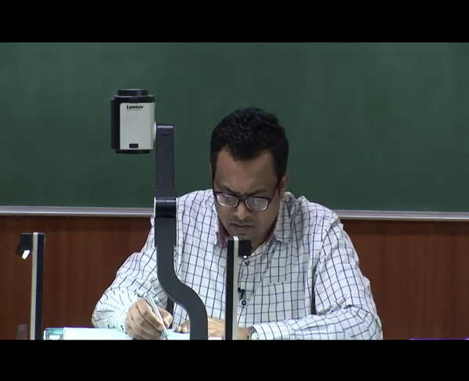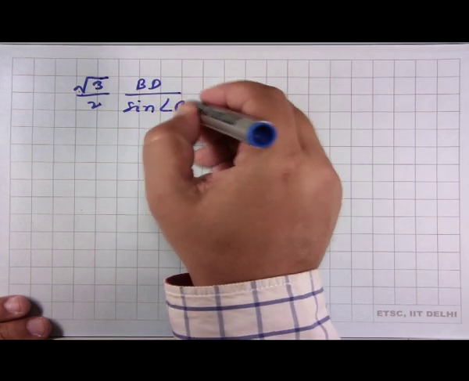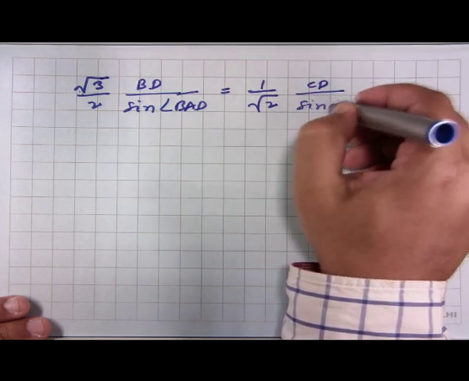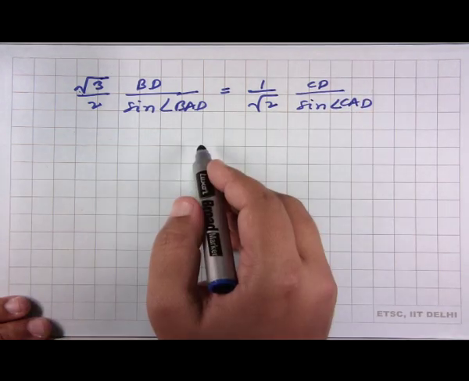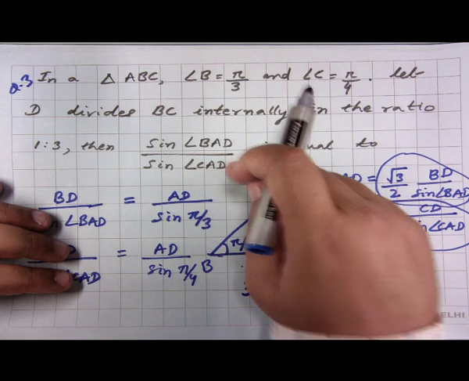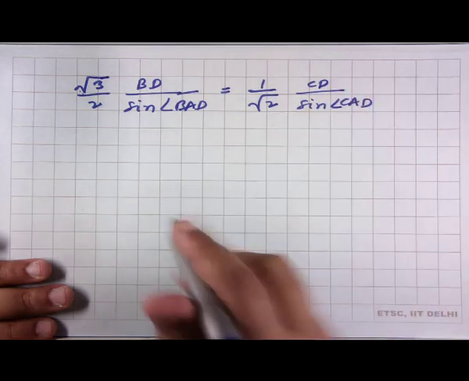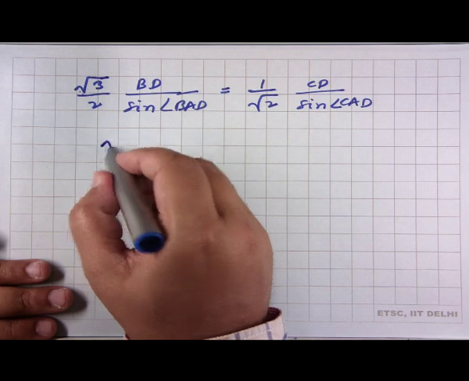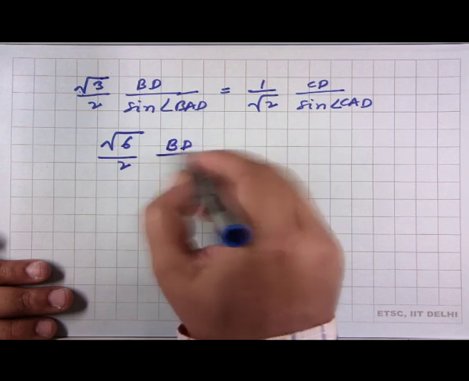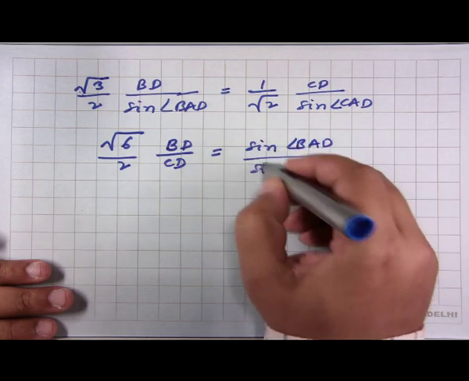So, what we get is that root 3 by 2 into BD over sine of angle BAD equals 1 over square root of 2 into CD over sine of angle CAD, from which now, if you remember in the question we were asked to find the ratio, this particular ratio is what we have to compute, and therefore, if we take this term here in the numerator on the right hand side, what we get is that root of 6 over 2 into BD over CD is equal to sine of angle BAD over sine of angle CAD.